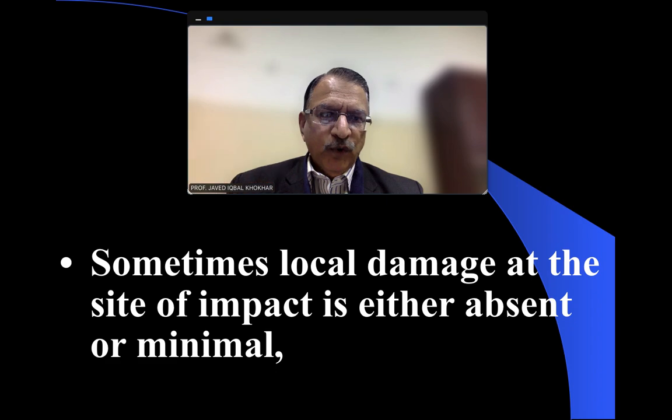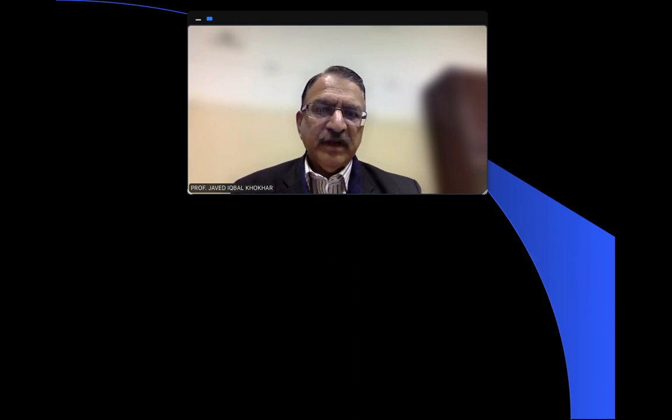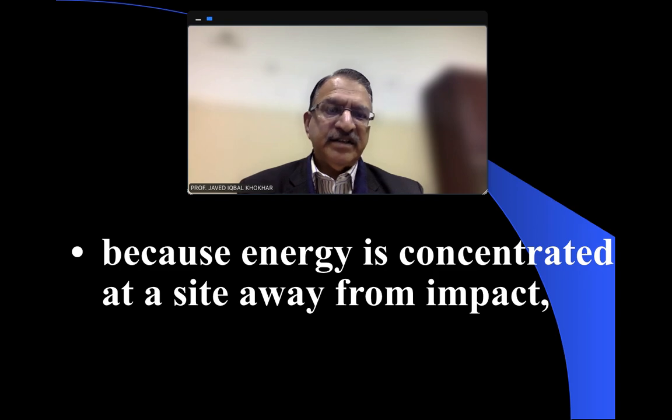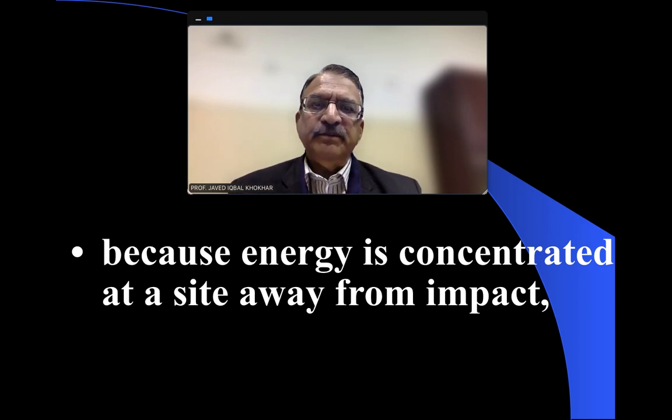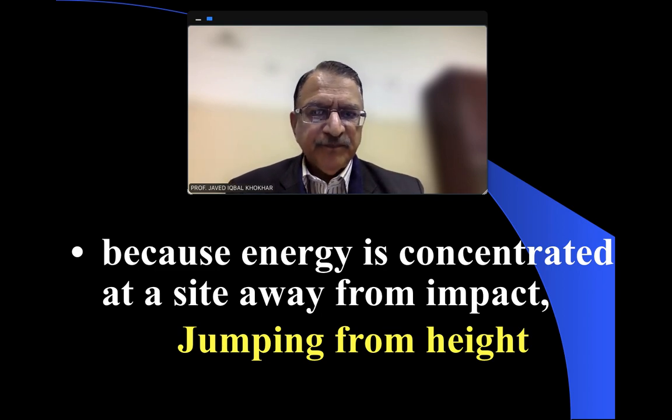Sometimes the local damage at the site of impact is less or minimal, but the energy is concentrated at a site which is away from the point of impact, like jumping from a height.